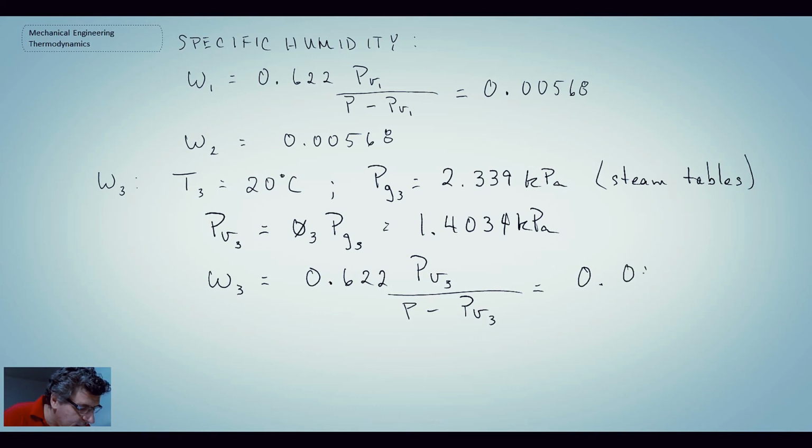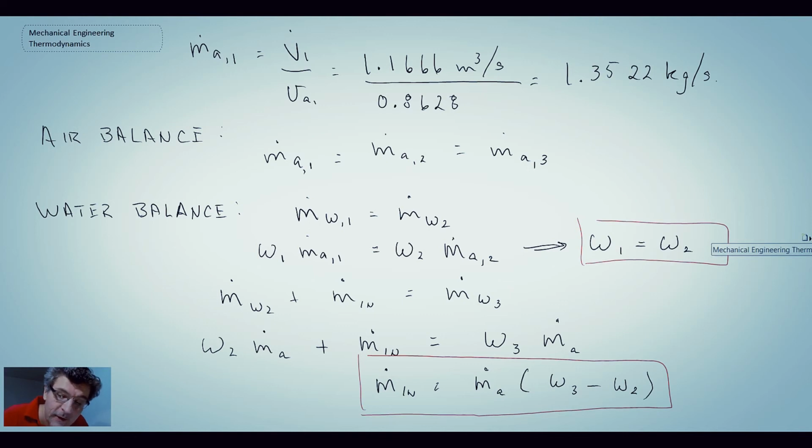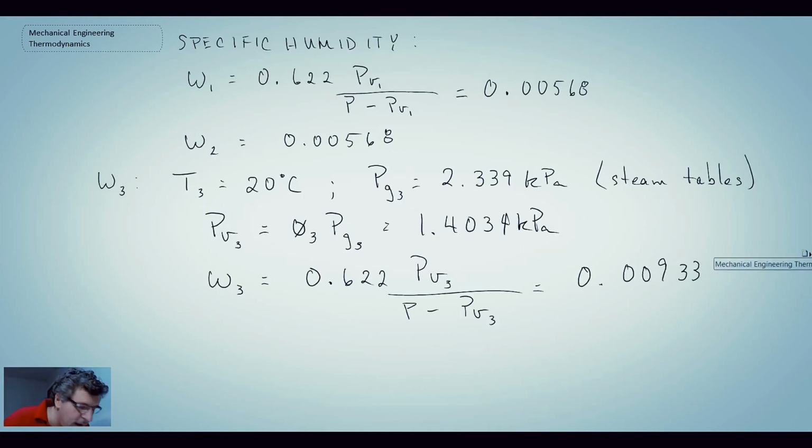And then we get 0.0933 for the specific humidity at state 3. So there we have specific humidity at 1, 2, and 3. What can we do with that? Well, let's go back and look. If we look at this equation here, we can now calculate the mass flow rate of water coming in. So let's do that.